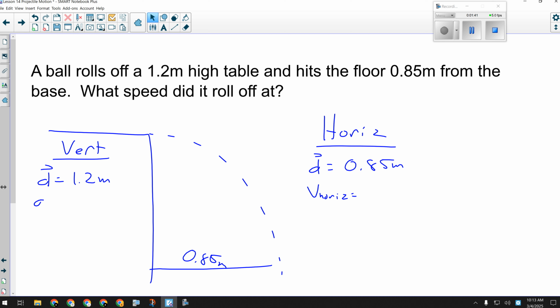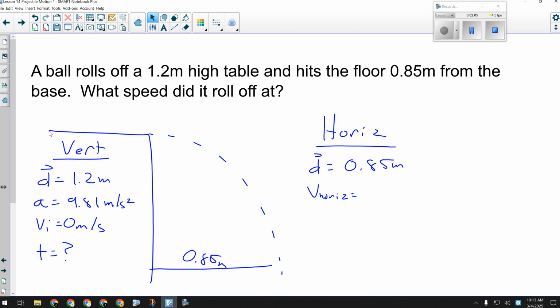Gravity, right. And what's the other one? Vi. Yeah, Vi. And Vi is 0, because it rolled horizontally off the table. It wasn't moving vertically at time 0. All right, if I have those 3 pieces of information, I should be able to find the time.